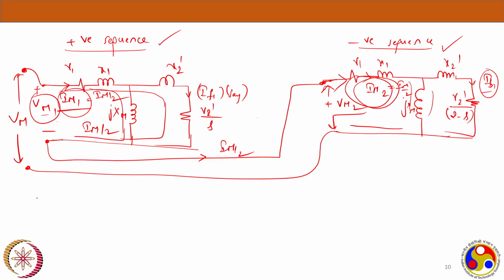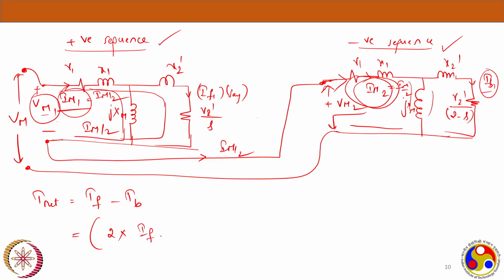Now the net torque here is TF minus TB. It's a two-phase machine, so the torque, power, and air gap equations and analysis will be the same.